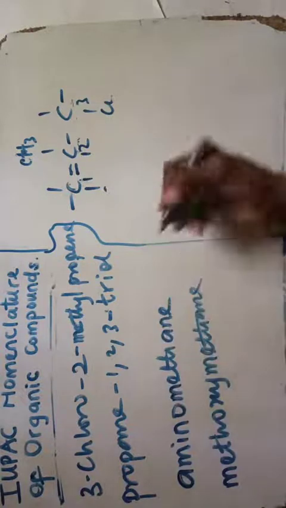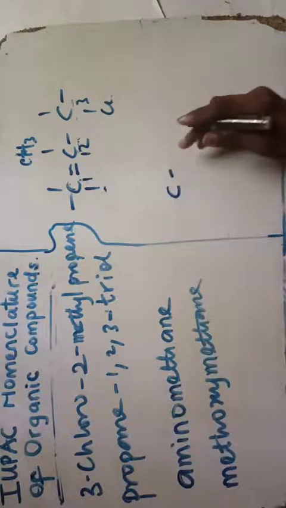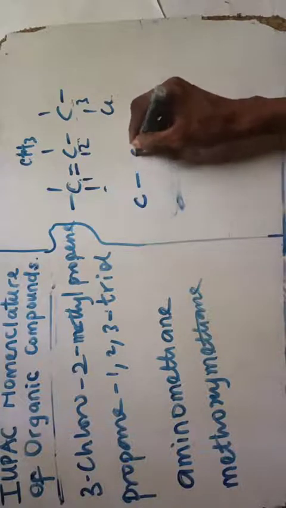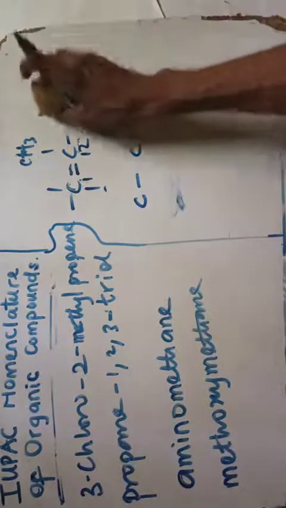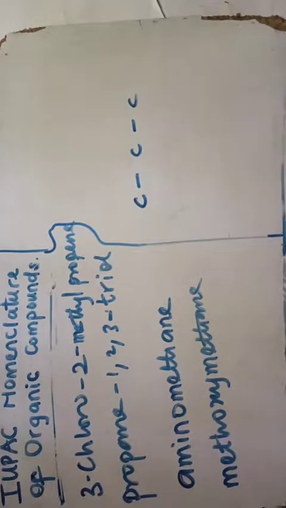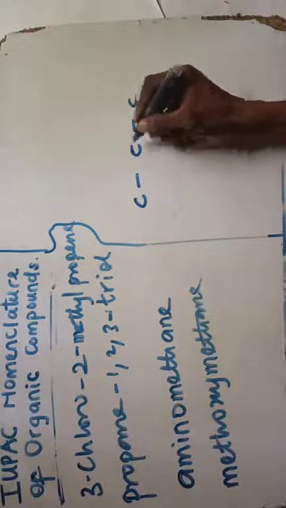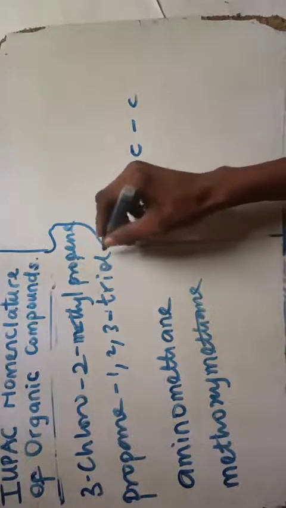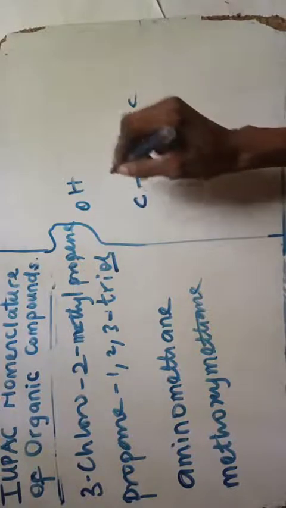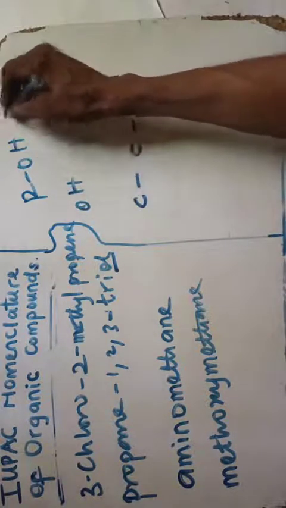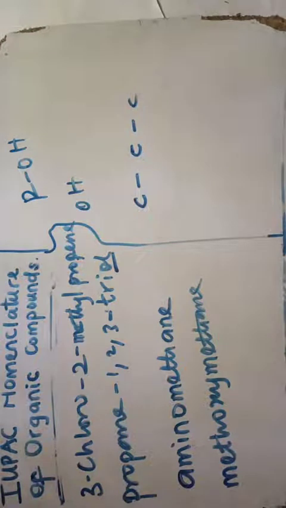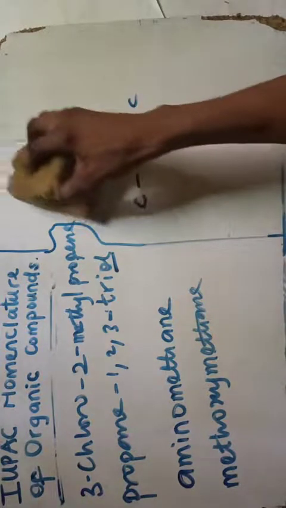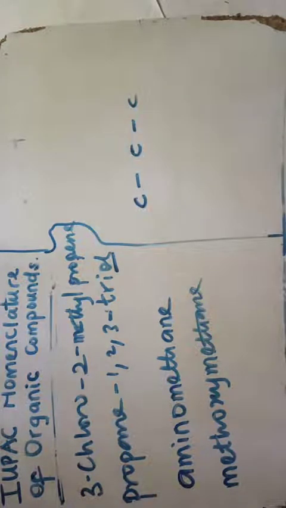Propane is 3 carbons, 1, 2, 3, and it is 1,2,3-triol. Triol means OH, three of them. So it's very simple: you just put an OH on each position at which you have them.